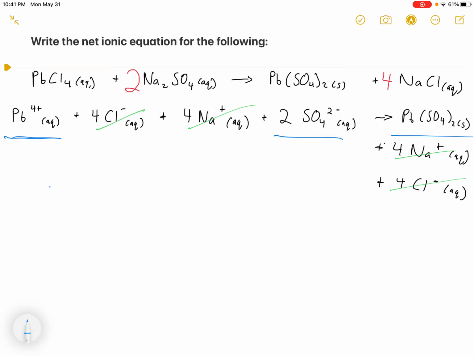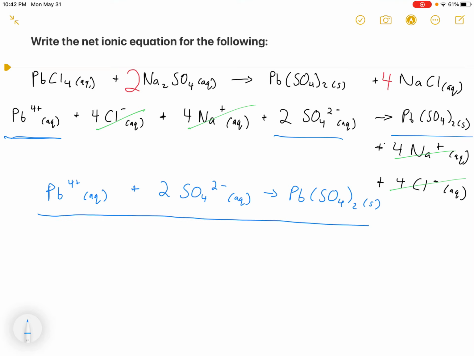So that makes the net ionic equation in this reaction the aqueous lead 4 plus, one of those, with 2 sulfates, giving us 1 solid lead sulfate compound. So that is our net ionic equation for the reaction between lead chloride and sodium sulfate.